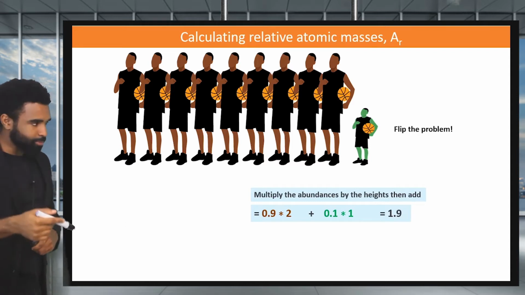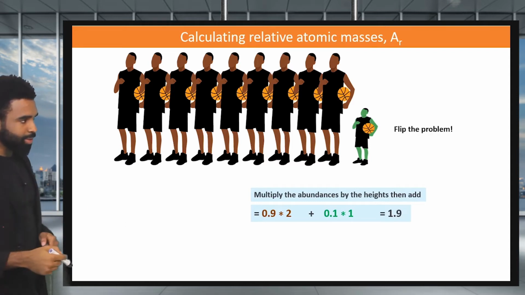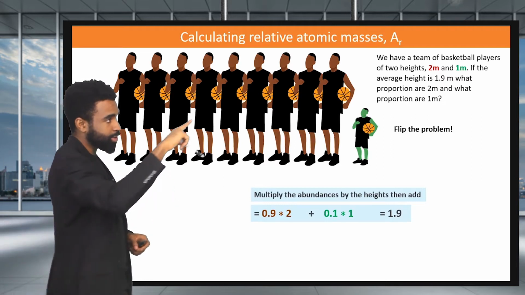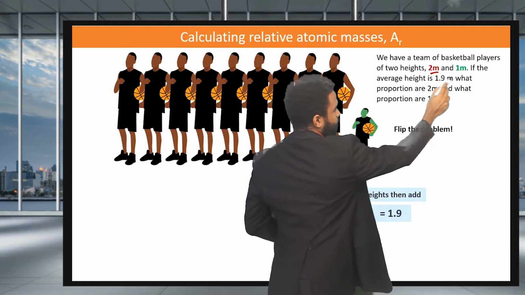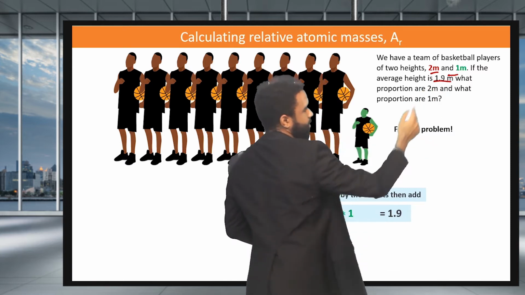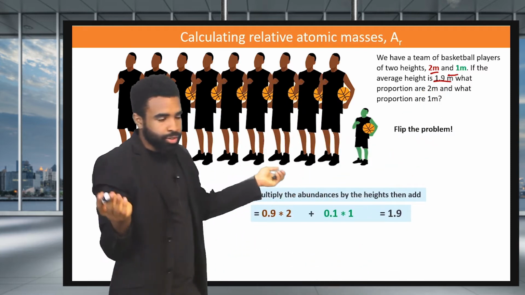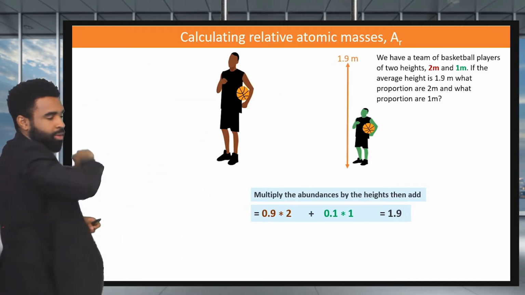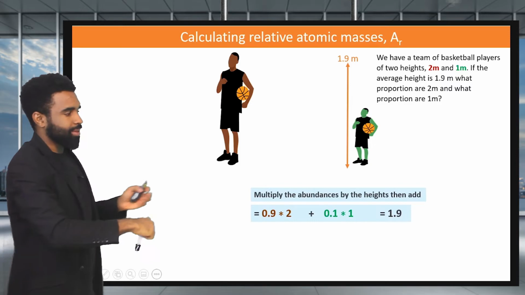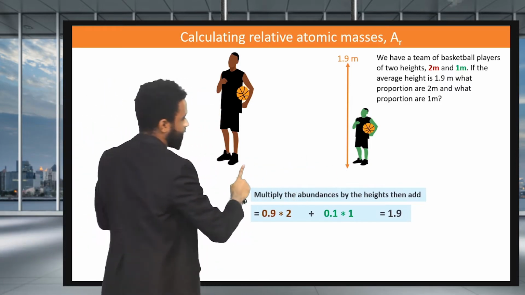Now let's modify the problem. Let's flip the problem just like we did with the boron. So here's a new type of problem. We have a team of basketball players of 2 heights, 2 meters and 1 meter, and we know the average height is 1.9 meters. What proportion are 2 meters and what proportion are 1 meter? So imagine now that we didn't know the proportions. We just knew that there were 2 types of basketball players.